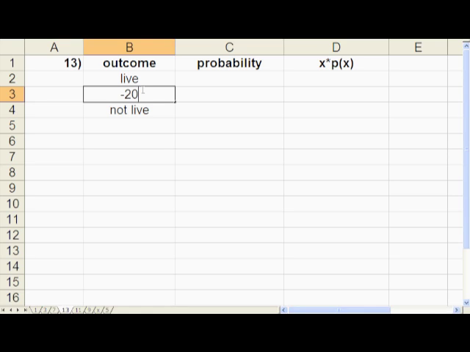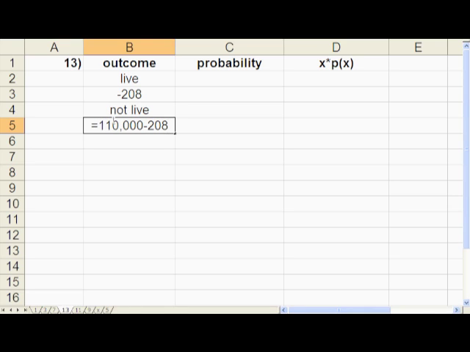That's going to come out of your pocket, so we're going to put a negative 208. However, this policy is a $110,000 policy. So if you do not live, what you'll get, or your beneficiary will get, is that $110,000 minus the 208 you put down.